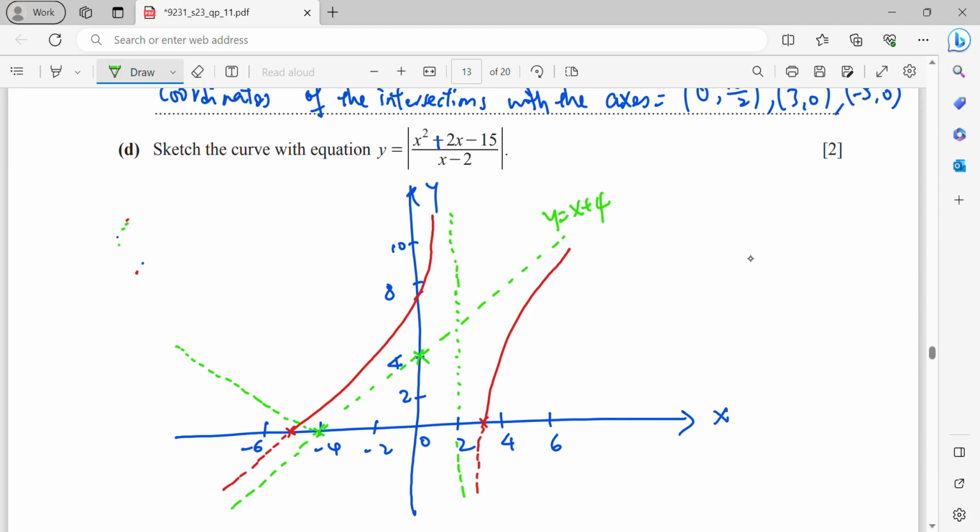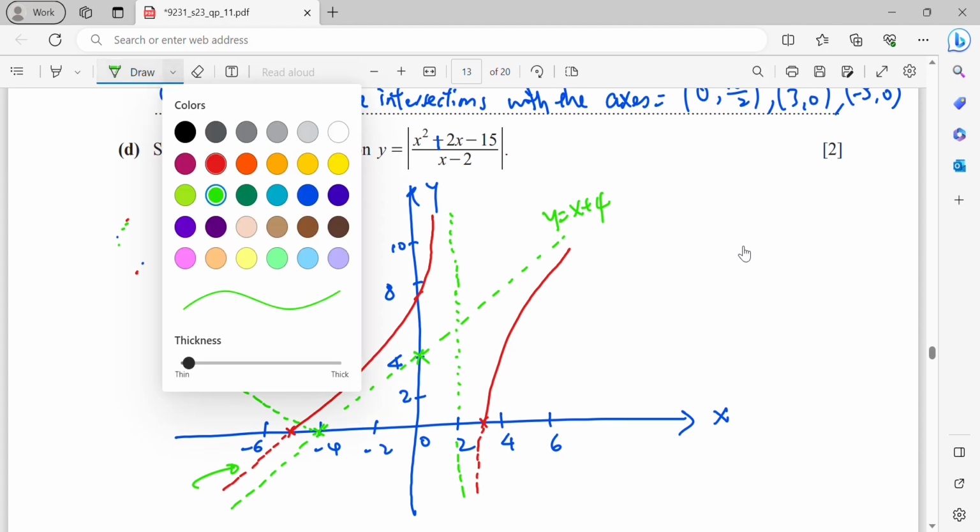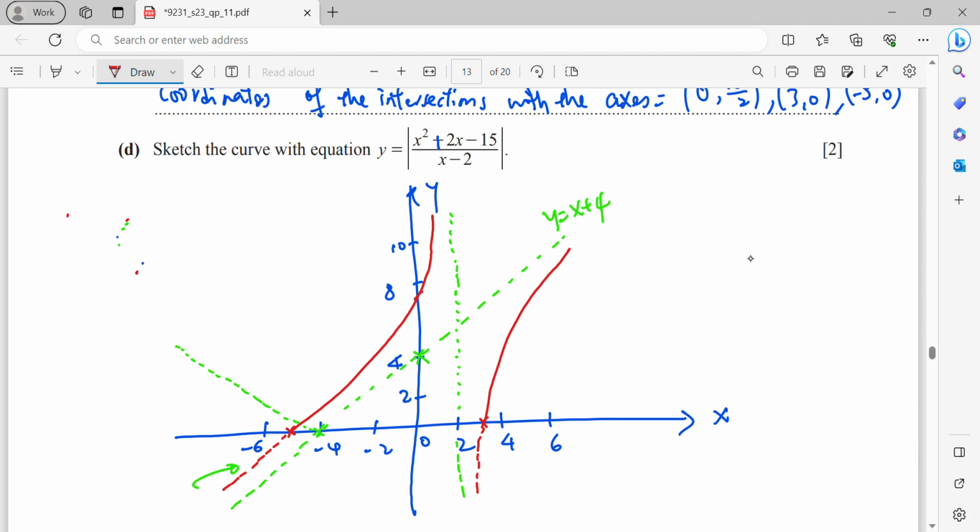Okay, so now this red dotted line will be reflected. So that means I have to draw a curve.